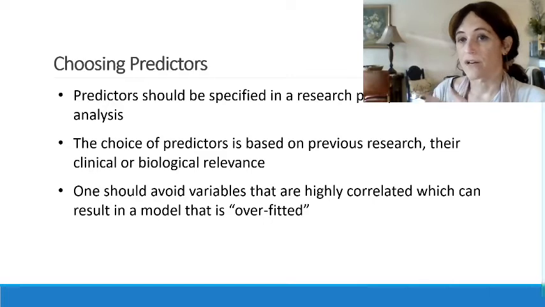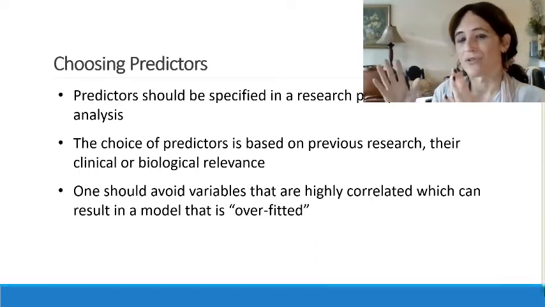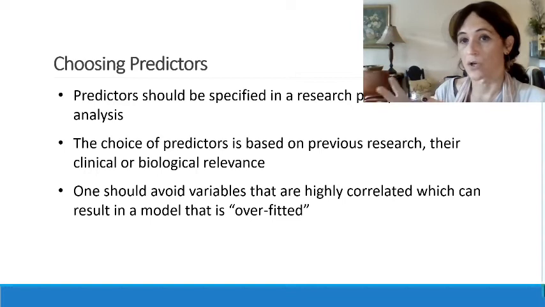You should avoid variables that are highly correlated with the outcome. We can get in a situation where we overfit a model. With a correlation that equals 0.95 or something like that, you have to wonder, are we just measuring the same thing twice? And so you don't want to include those kinds of things. We also don't want to include variables that are very similar in terms of their relationship to the outcome, that are highly correlated.